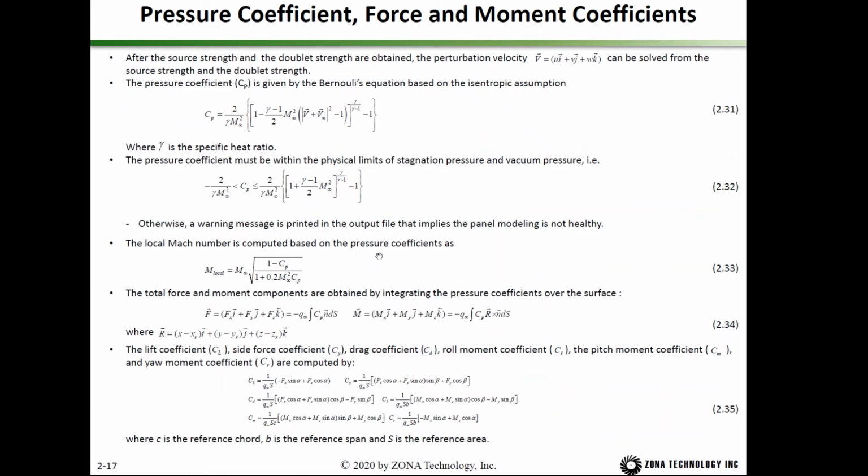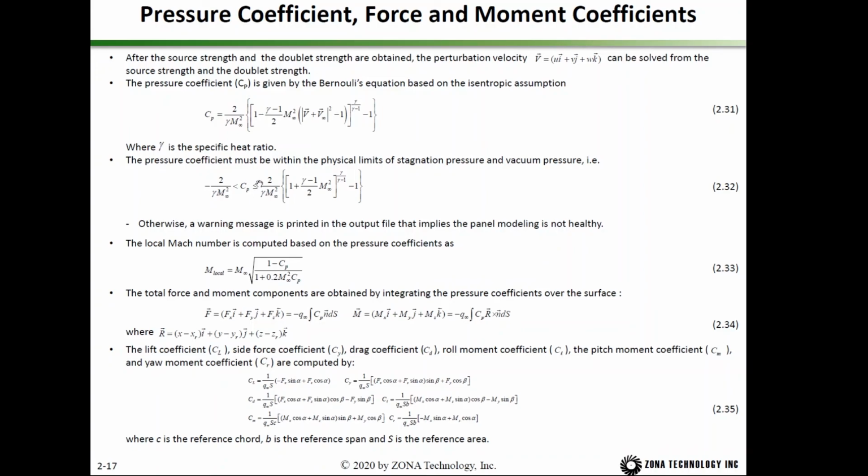And once we have the perturbation velocity, based on the Bernoulli equation and isentropic assumption, we can calculate the CP, where gamma is the specific heat ratio. However, CP must be within the physical limit of the stagnation pressure and the vacuum pressure.